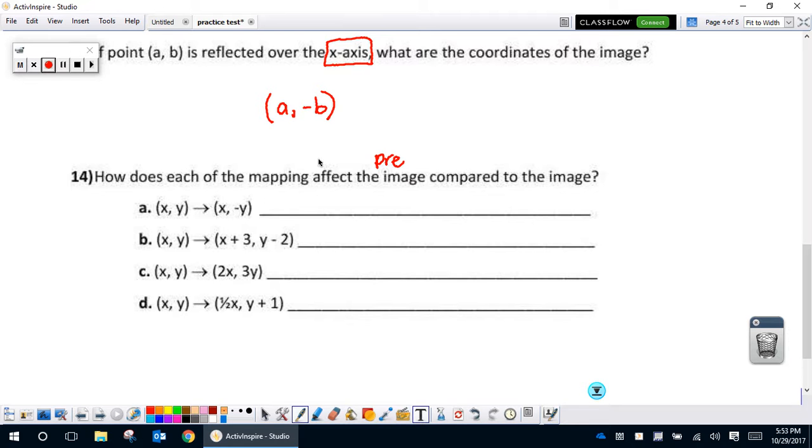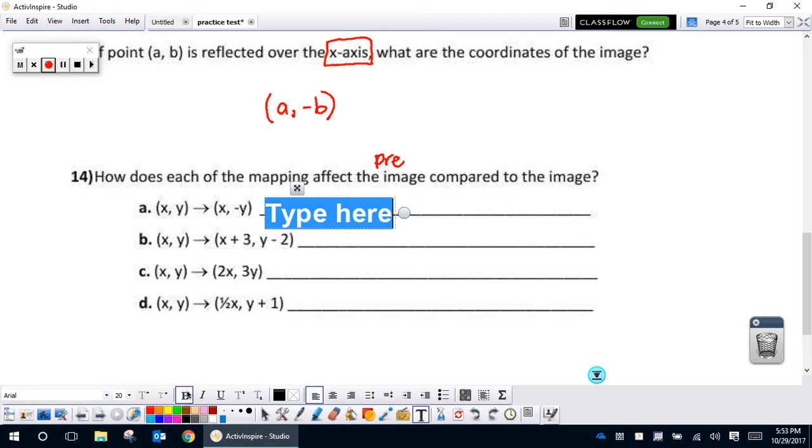So if we start at x, y and we apply this mapping of x, opposite of y, that is just a reflection, because we're not adding or subtracting, we're not multiplying, it's just a reflection over the x-axis. So that's the rule. Hopefully you can recognize that.